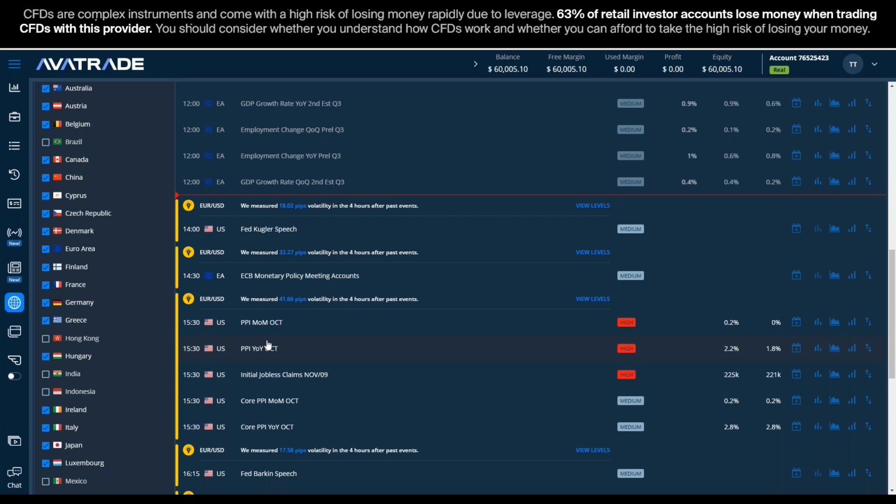So maybe PPI data could come in the same. Yesterday's numbers didn't get a big reaction either way because they came in at expectation. Now, the expectation here is that the PPI numbers will actually show an increase month over month. Okay, that's an increase in inflationary cost.